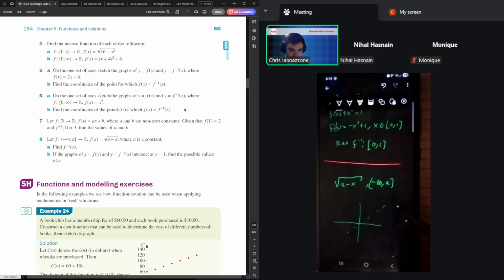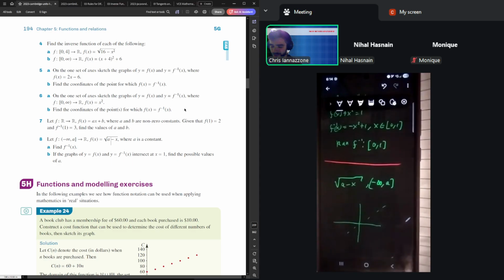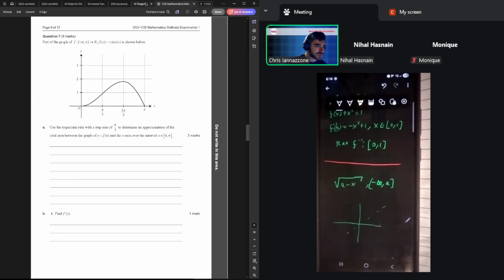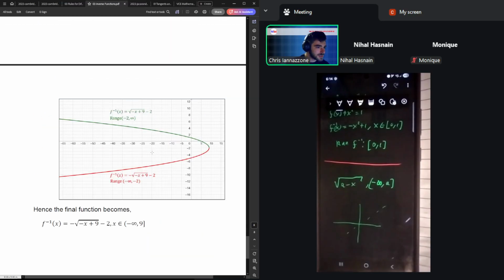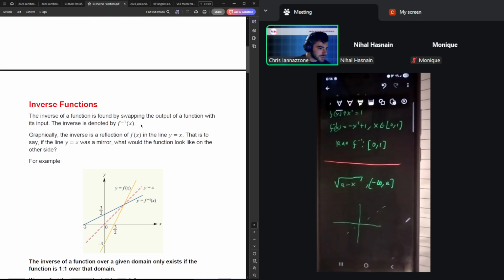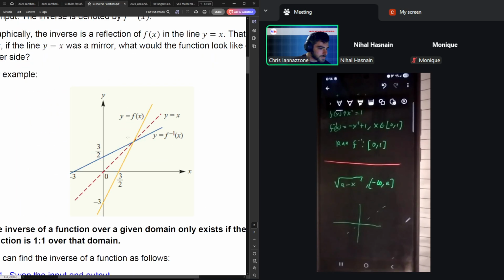Yes, exactly right. It's a really nice thing that you can make use of, because of the fact that they are reflections across the line y equals x. If we look back at the little picture that I had as an example, we can see these two linears where they intersect is that line y equals x. You're absolutely right.